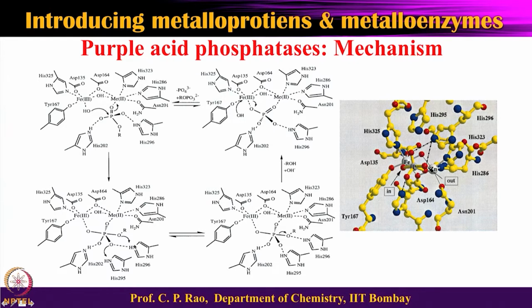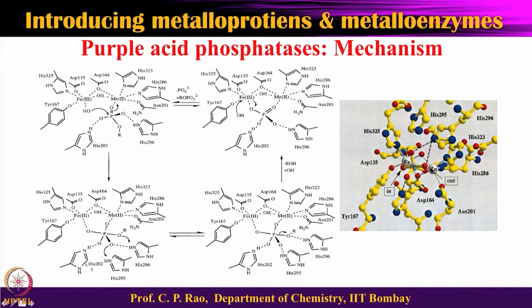And so attack on this. Now that will be further breaking this particular group and the OR leaves out, and for this the proton sources are coming from these particular residues. So one is these residues are helping in recognizing the phosphate.